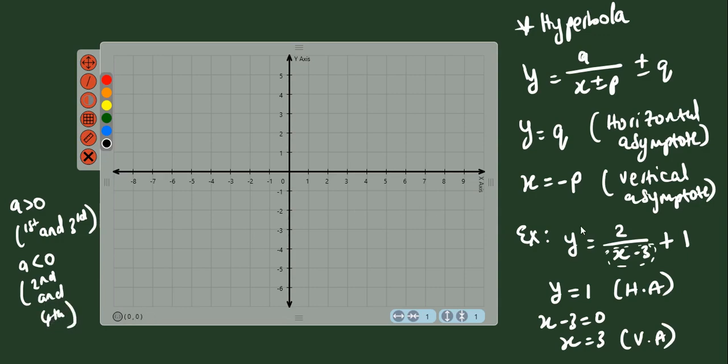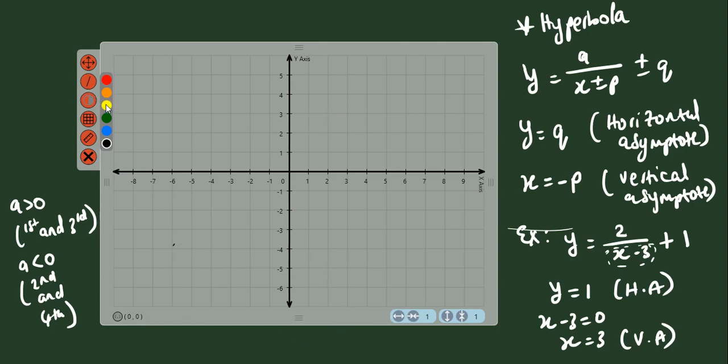So in this case, our a is positive because we have y is equals to positive 2. It means our graph is going to be in the first and third quadrants. Remember, this is 1, 2, 3, 4. So let's quickly sketch it.